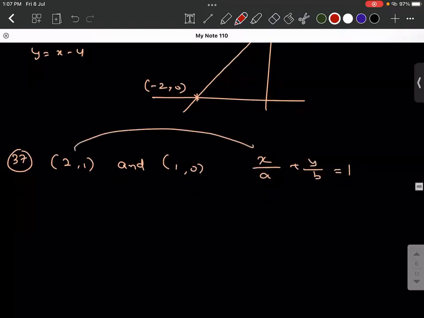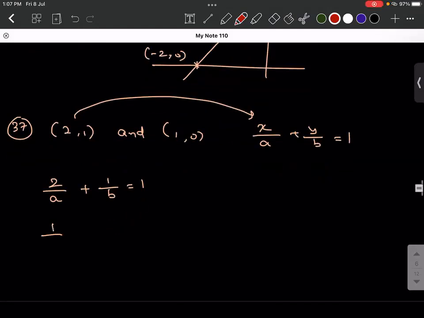So take it and substitute it here. 2 by a plus 1 by b is 1. Similarly, 1 by a plus 0 by b is 1, which implies 1 by a is equal to 1 or a is equal to 1. Is it right? From the second equation.